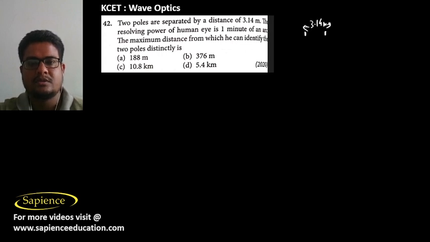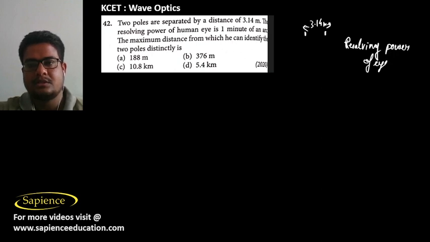The resolving power of the human eye is 1 minute of an arc. So the resolving power of the human eye, that is 1 arc minute, means it is 1 by 60 degrees.